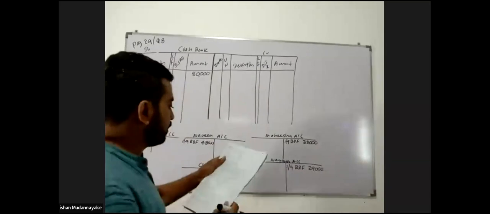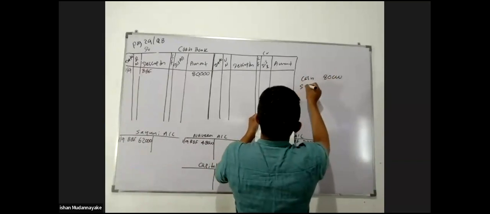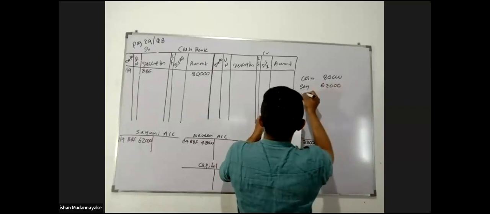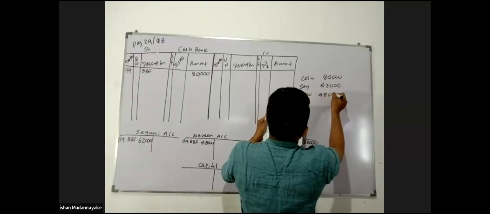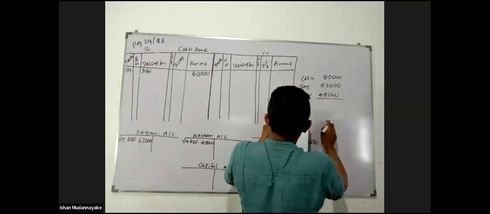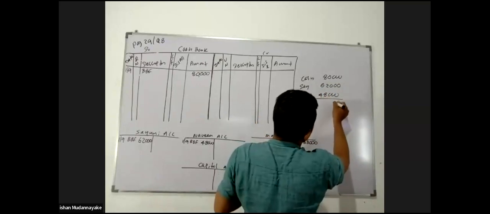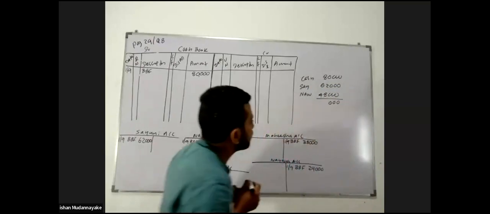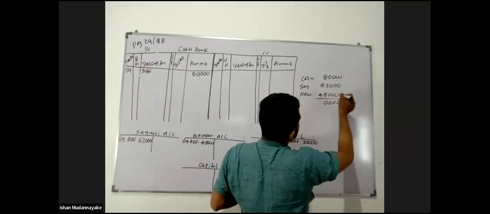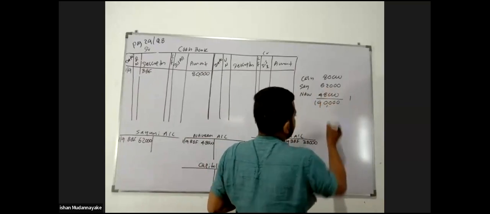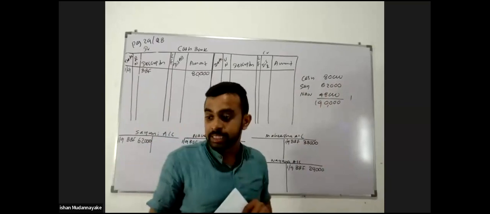Then students, what are the assets here? Cash 80,000, and then Saving debtor 62,000, and Naveen 48,000. Opening assets total how much? 190,000.